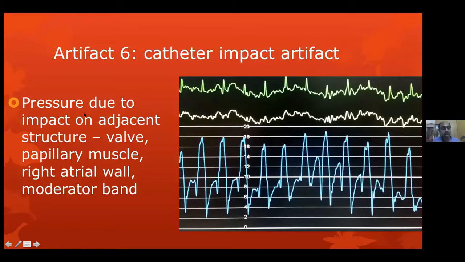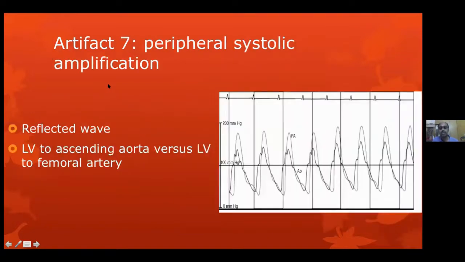That is because of catheter impact. More and more, catheter impact is found if the right ventricular catheter is impacting with the moderator band, the right atrial catheter is impacting with the right atrial wall, the left ventricular catheter is impacting with the papillary muscle, or the left ventricular catheter is impacting with the mitral leaflet. So this also we need to understand.